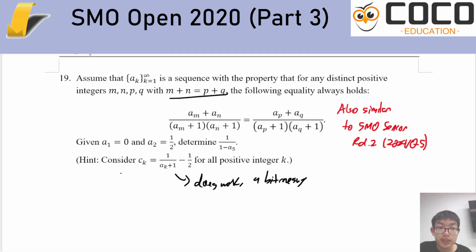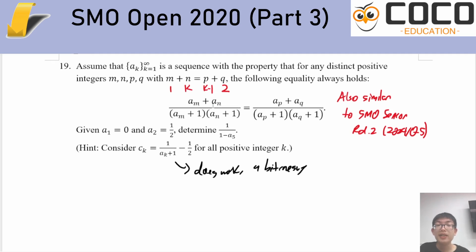But what I can do is use the 1 and 2 to be 1, 2, and I will go with K and K minus 1. Right? So I will use this as a combination that will allow me to write AK in terms of AK minus 1. Obviously, A2 and A1 are already known, so I have to do a bit of work, but it is not too bad.